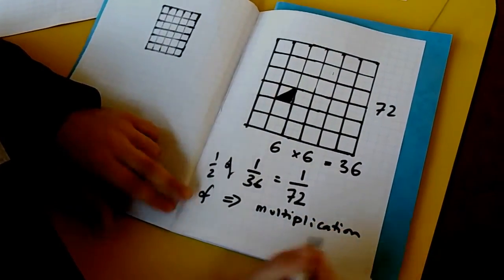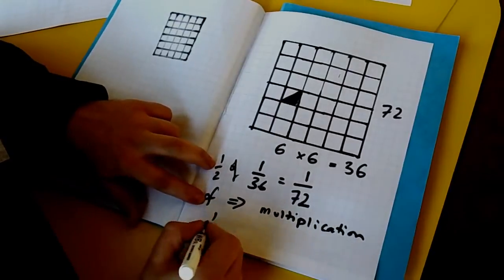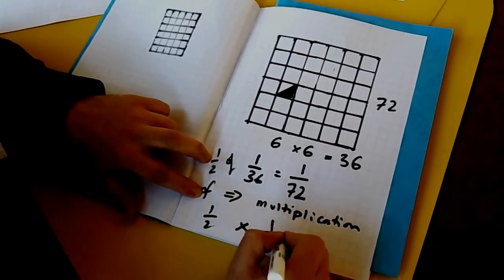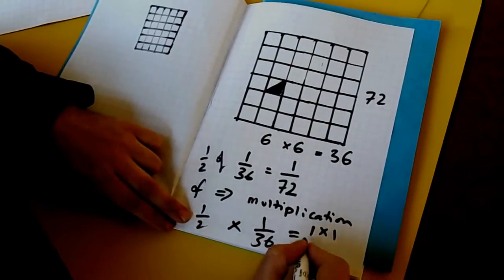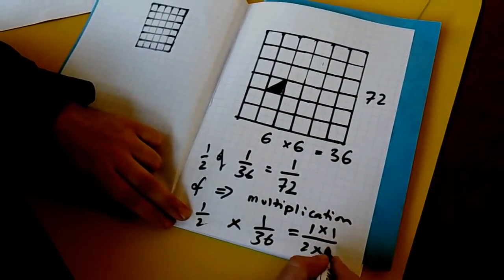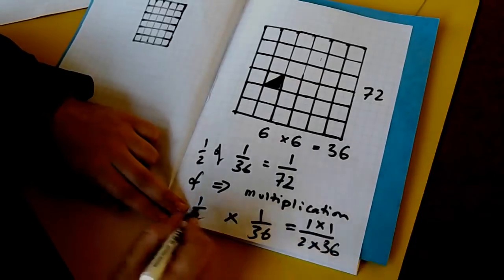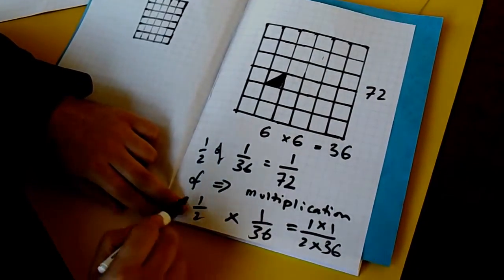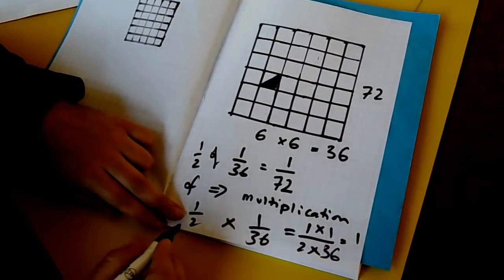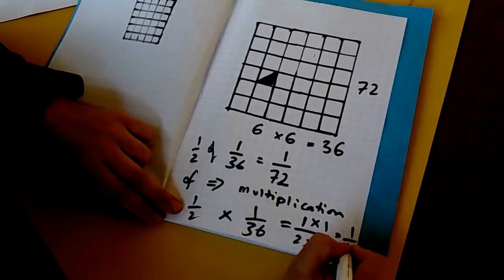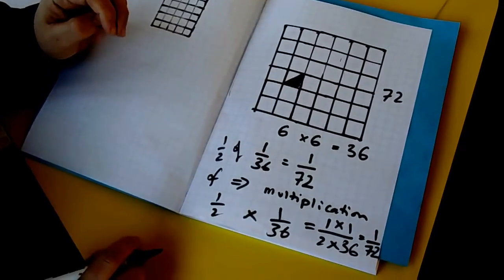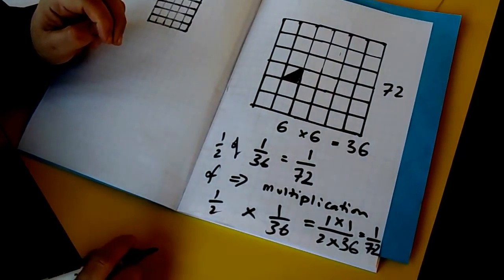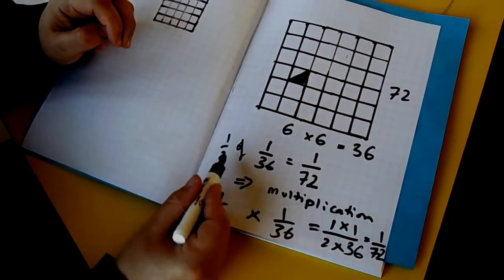When you multiply fractions, all we do is this: we times the top numbers together, and we times the bottom numbers together, and you don't care whether they're the same or different. It's just ruthless. You multiply 1 times 1, you get 1. You times 2 by 36, you get 72. So, for example, if I'm doing half of 136, I could replace that with half times 136.